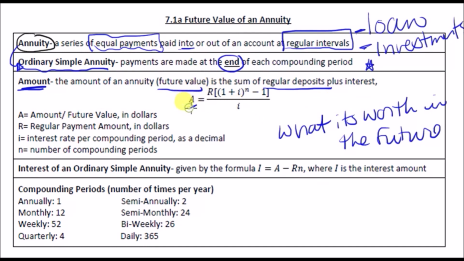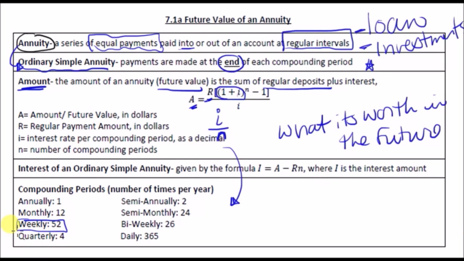So the amount is equal to your regular payments times, this is basically the interest rate, 1 plus i. When we talk about i, we always want to divide i by the number of compounding periods, n. I'll show you that in examples. When we talk about compounding periods, I used the example of weekly, which is 52.